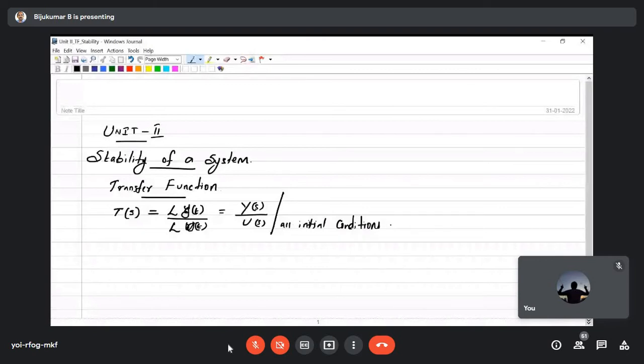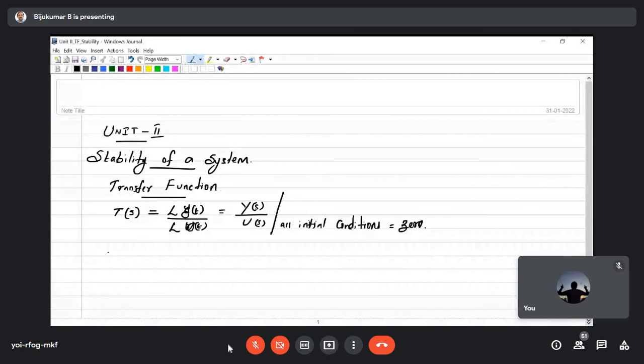For a mass spring damper system, what was the transfer function? Suppose we have, yes, mass spring damper arrangement like this.